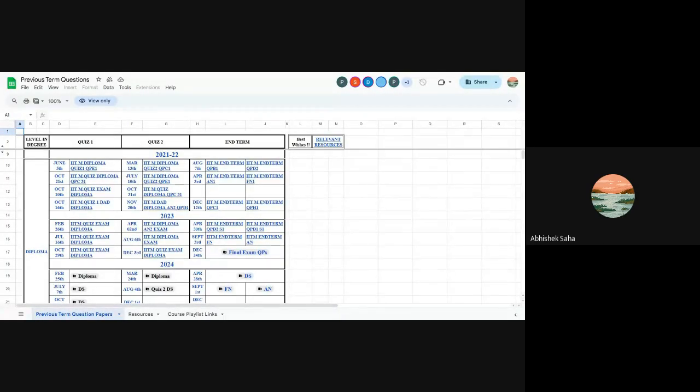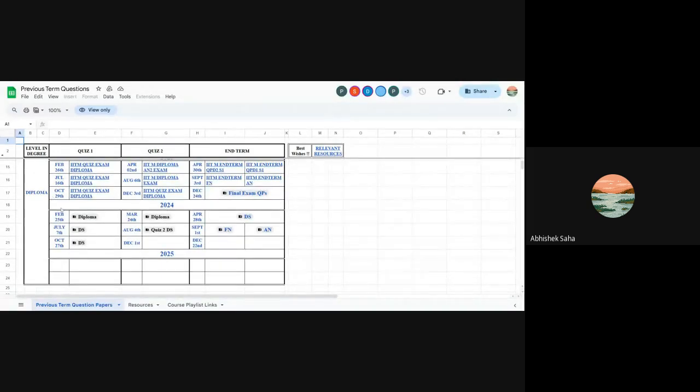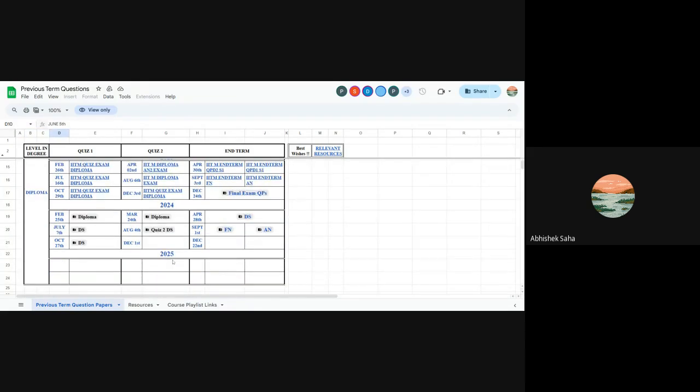Are you able to see this? Whenever you go through, it is written here diploma, but it has foundations also. Okay, it is written in diploma. When you open this, it will redirect to a folder which contains lots of PYQs. Sir, please go into that folder. Whenever you click this, it will redirect to a folder. We'll share the folder again.